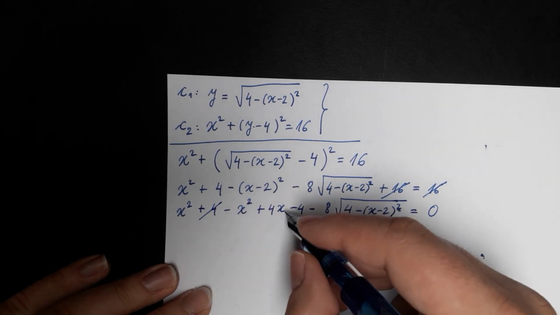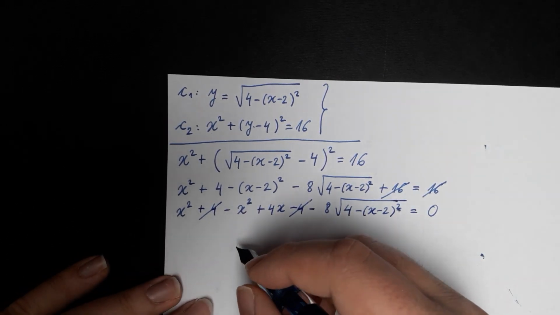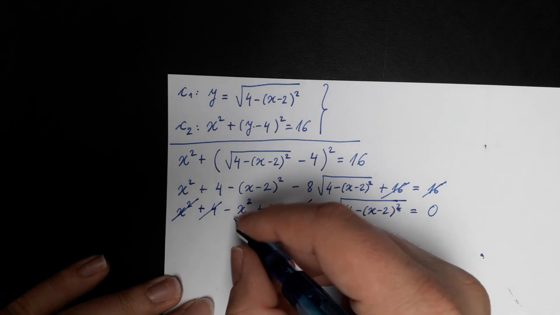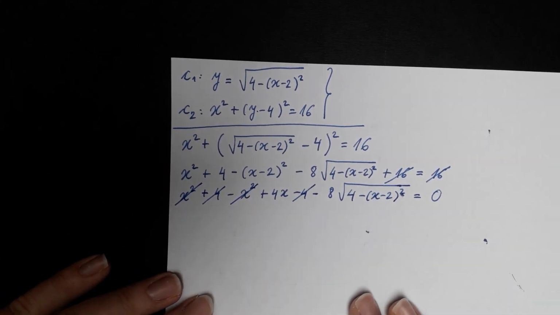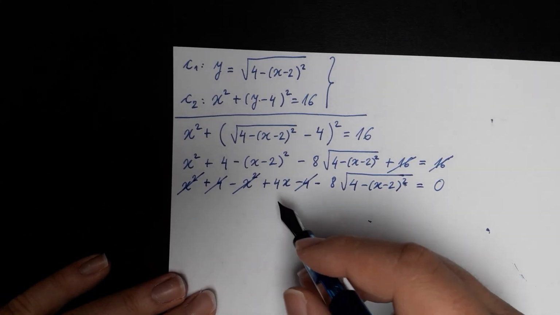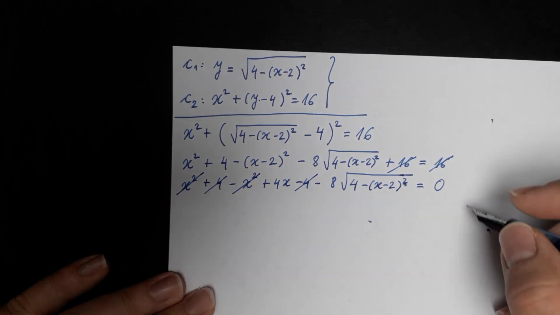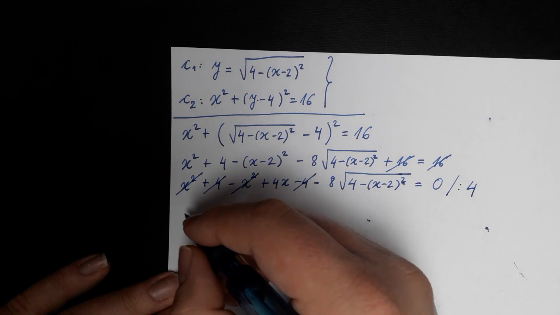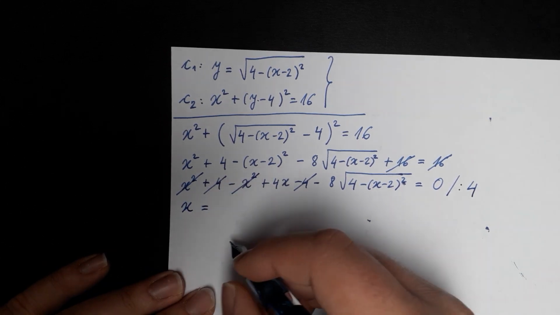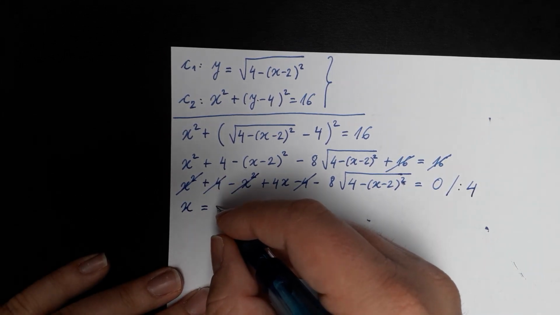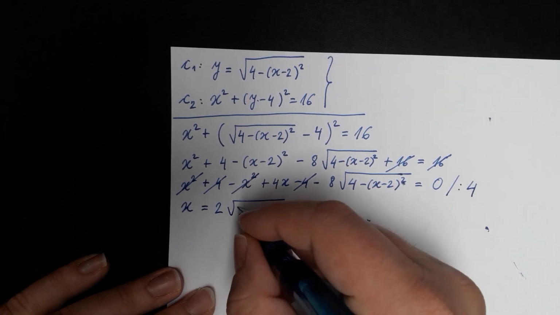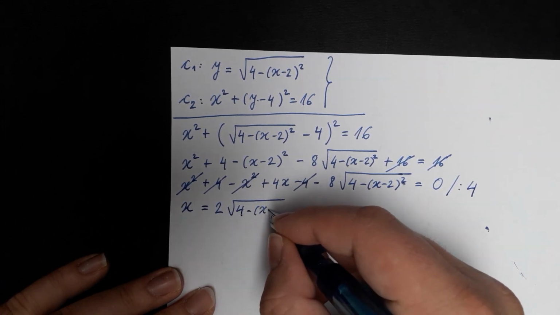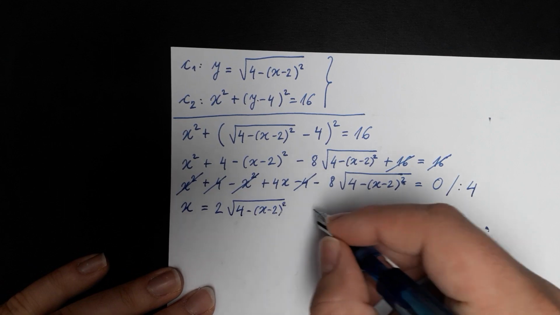Now plus 4 and minus 4 are going to cancel out, and x squared and the negative x squared are going to cancel out. And we see that 4 is in common, so we can divide the entire equation by 4. And we are going to get that x is equal to 2 times the square root of 4 minus (x minus 2) squared.